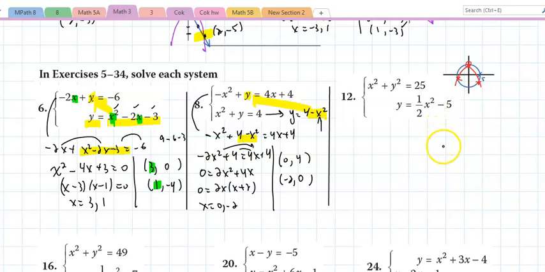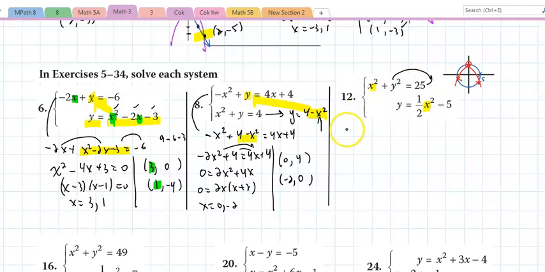Now, I have a couple of options. I could throw this in there, but then that's going to be squared. That's going to be big. Instead, observe that I could solve for x squared there, since there's an x squared there. Not that it matters, you can do this any way you want.